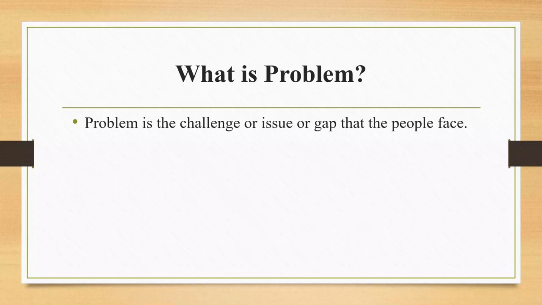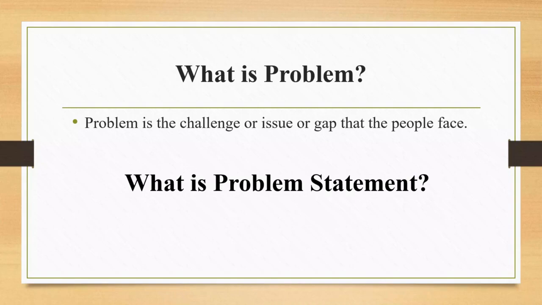So here, what is the problem statement? The problem statement is one statement or a few statements in which you write your problem to make it clear to others, especially when you are writing an article or thesis.